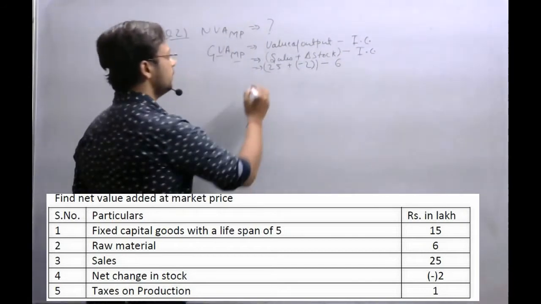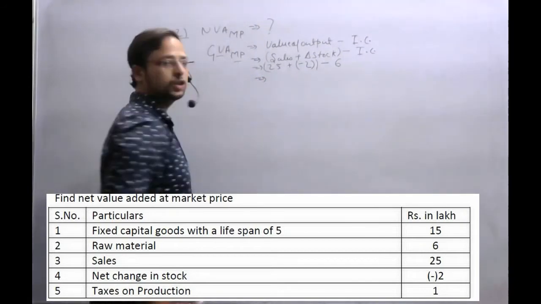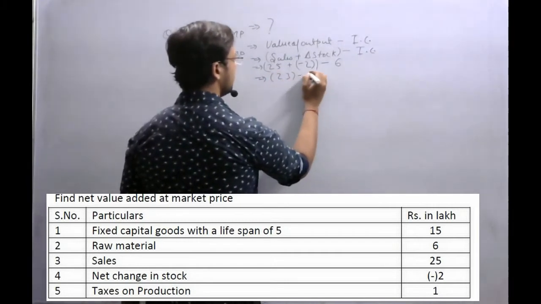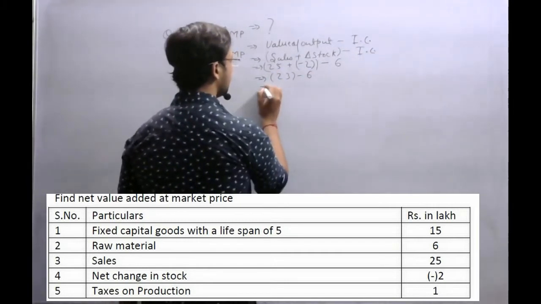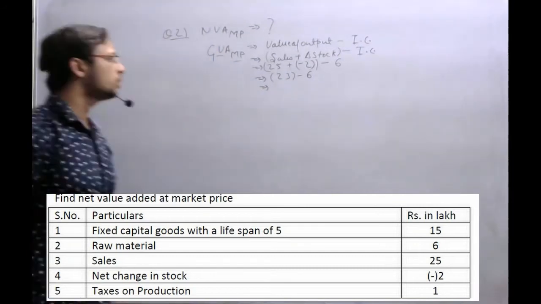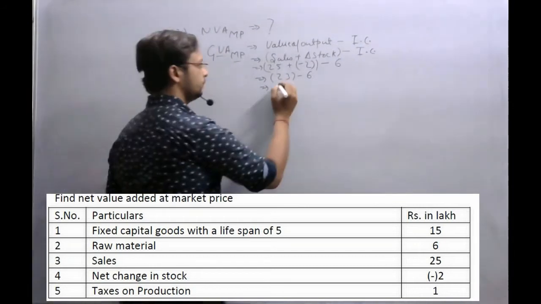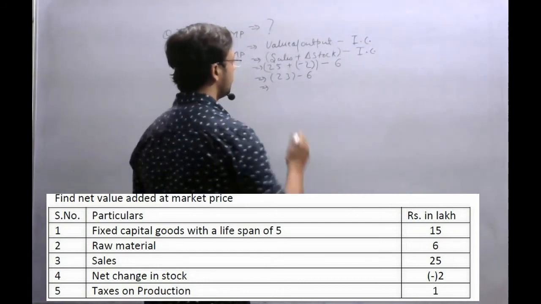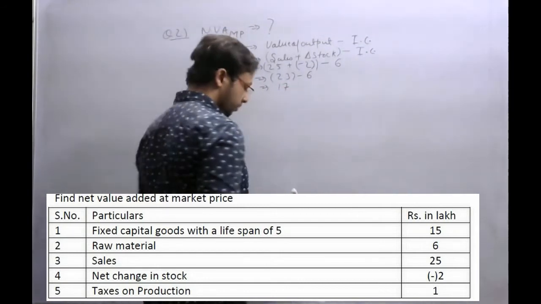So it will be 25 minus 2, that is 23, minus 6, and 23 minus 6 will be 17 lakh.